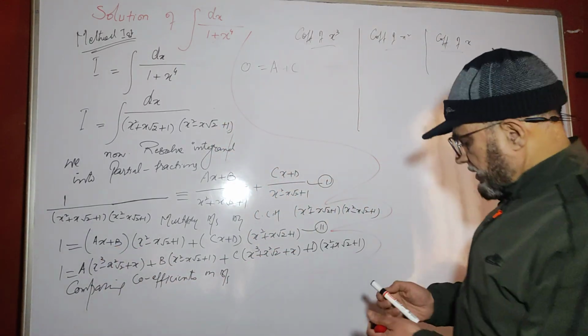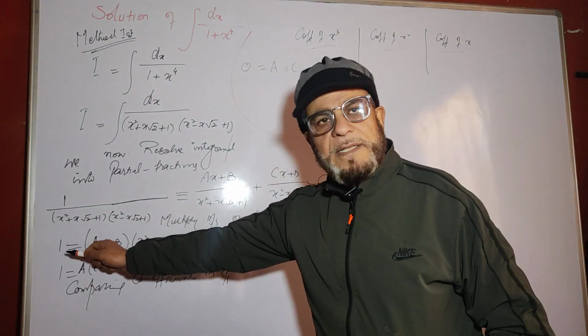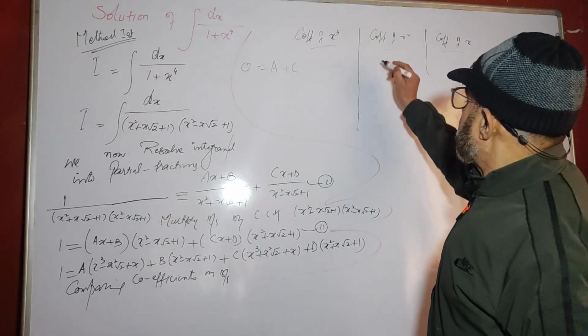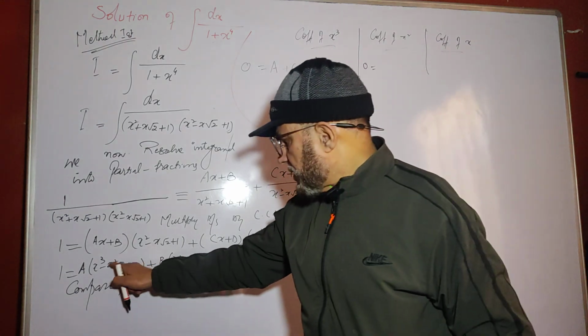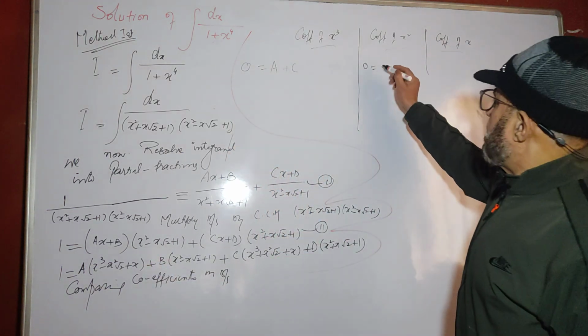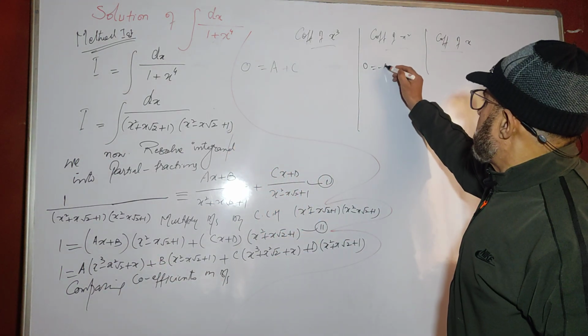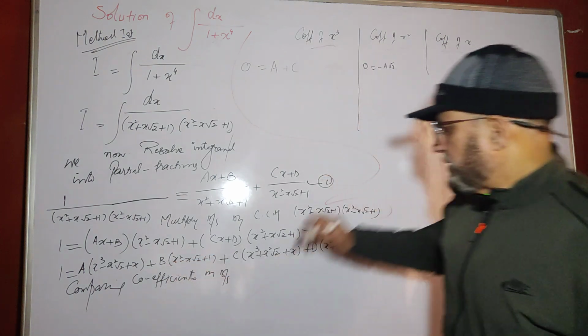Then the coefficient of x square: you don't have any x square term on the left, so the coefficient there will be 0, equal to the following. Here the coefficient of x square is minus a root 2, and from the c term it is plus c root 2. Then here you have the coefficient of x square, that is b.